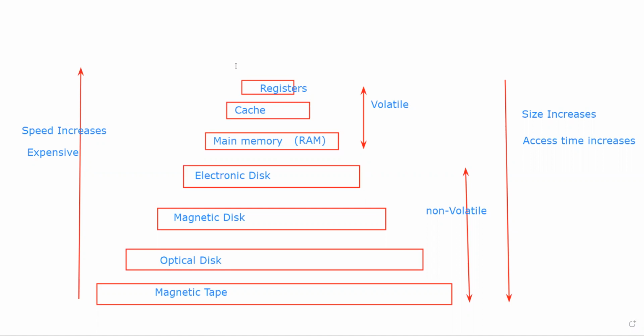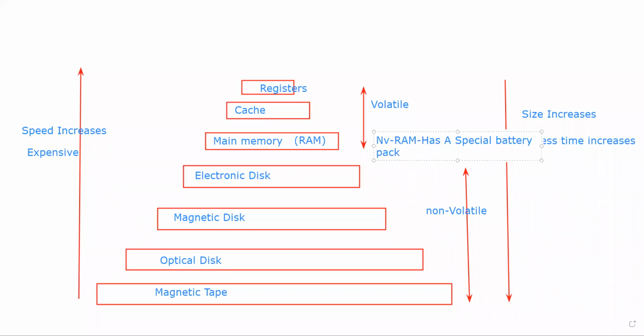And there is a special type of RAM that we call NVRAM. NVRAM means non-volatile RAM, which has a special battery pack.